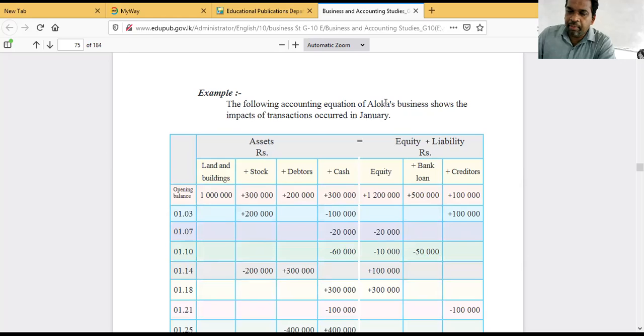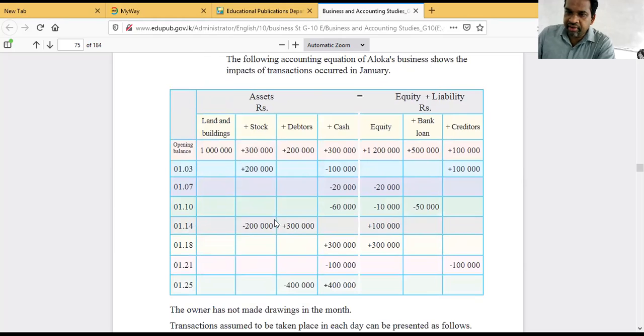If we take this example, the following account equation of Aloka's business shows the impacts of transactions that occurred in January. That means you are given some transactions that occurred in Aloka's business in the month of January. They have already adjusted all the transactions in this structure.